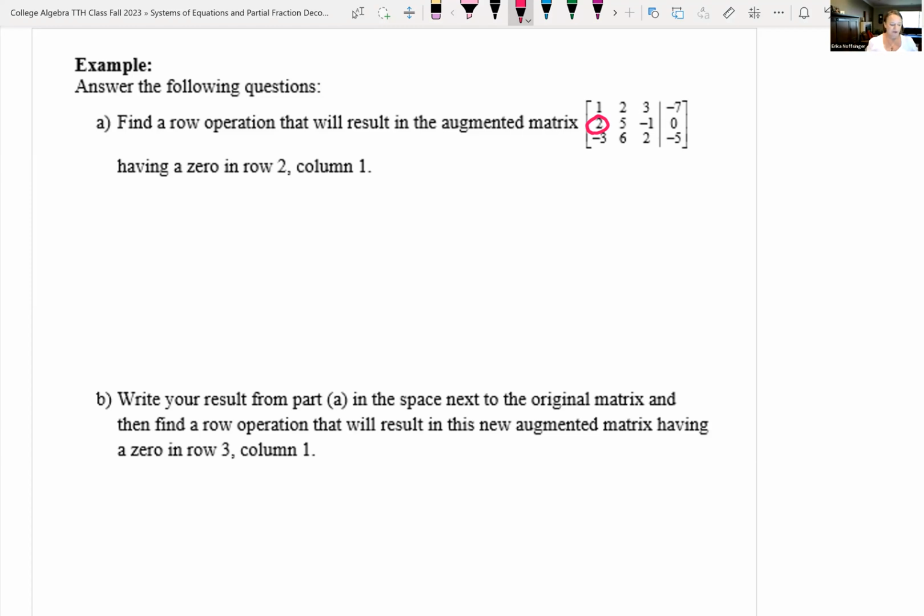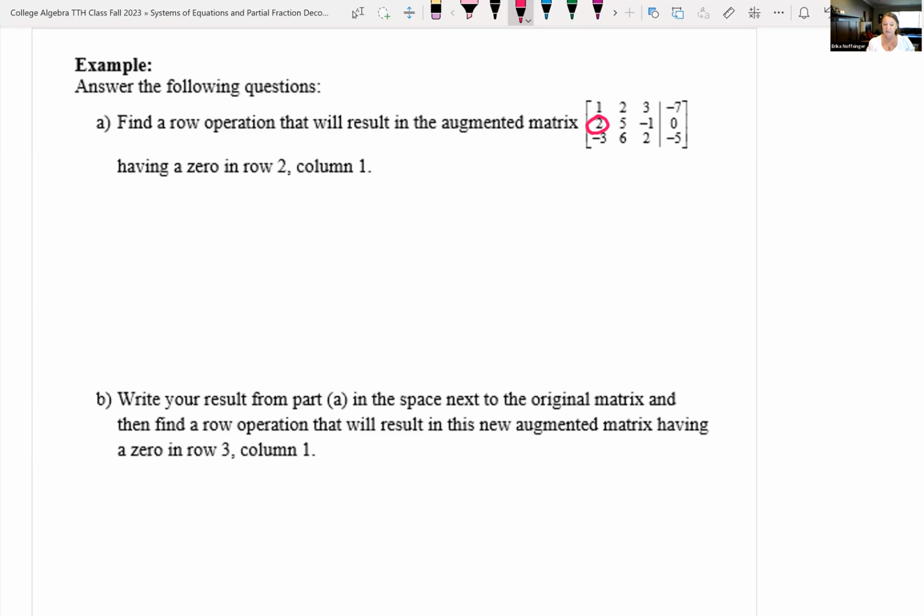So we will see in a minute that in the first row, first column, we usually want a 1 there. There's already a 1 where we want it. And we're going to use that row, that's where we want that 1, to manipulate the entries above and below it. In this case, there's no entries above that 1. So we want to manipulate this matrix so that 2 is now a 0.